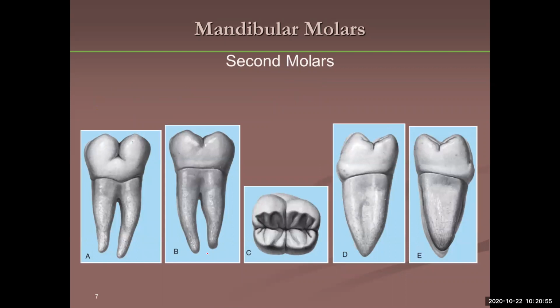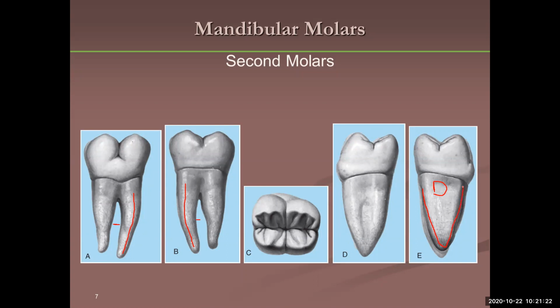Second molars, what you know about first versus second is that you have roots that are closer together. The mesial root is going to be just a little bit longer than the distal root. The mesial is going to be wider. So this is the distal here. How do I know that's the distal?